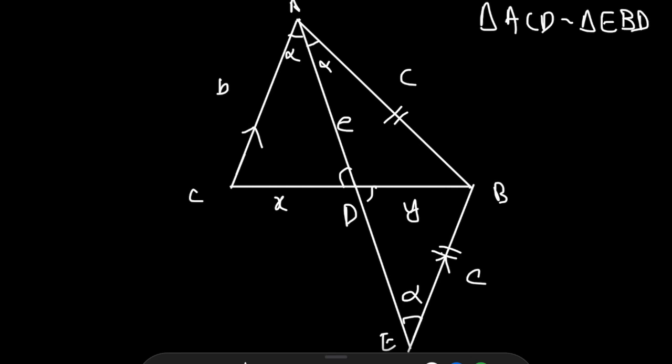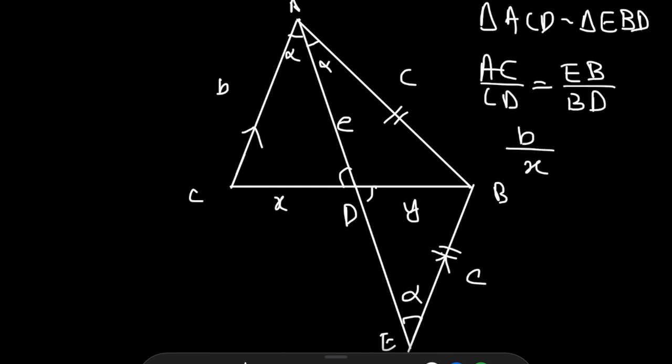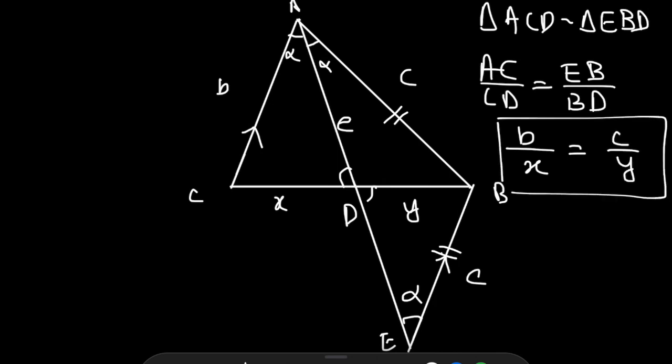Right, so let's go ahead and write down our similarity ratios from this similarity. We have AC over CD is equal to EB over BD. AC we know is b, CD is x, EB is equal to c, and BD is equal to y. So with this similarity, we have proven that in our triangle ABC, b over x is going to be equal to c over y.